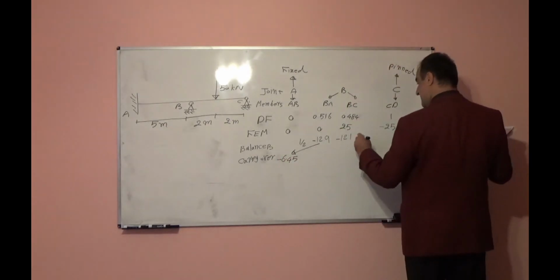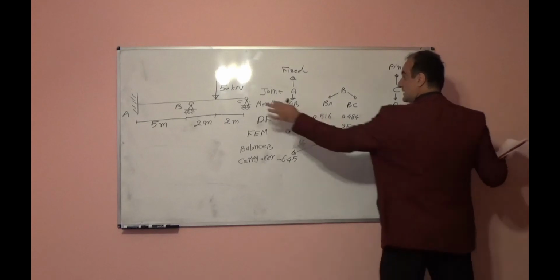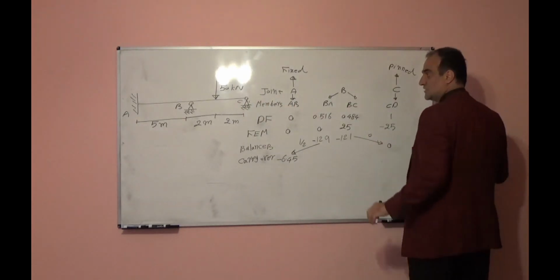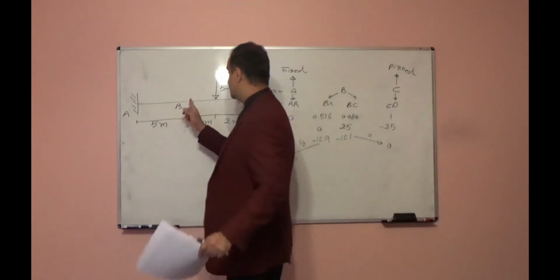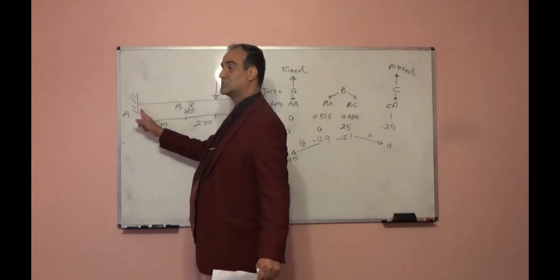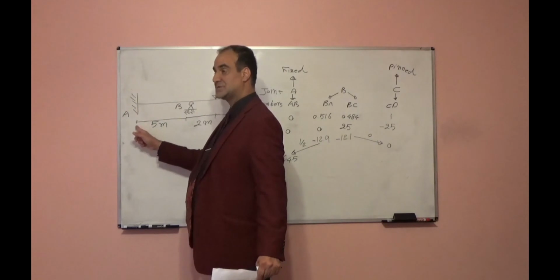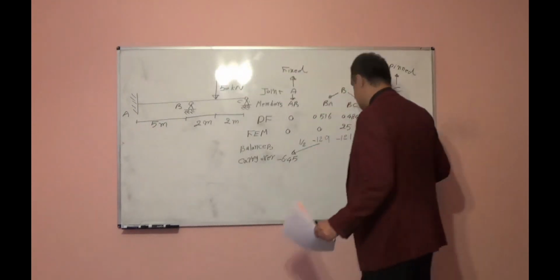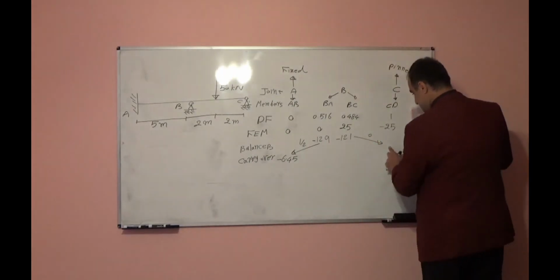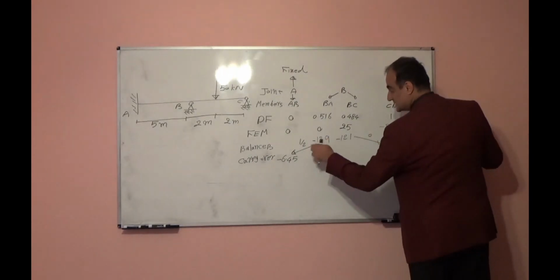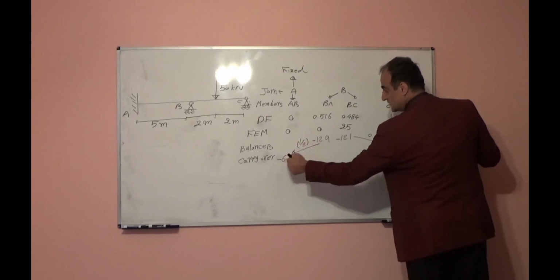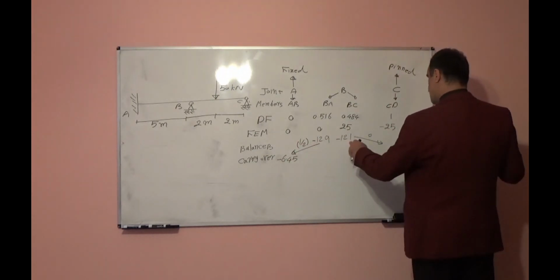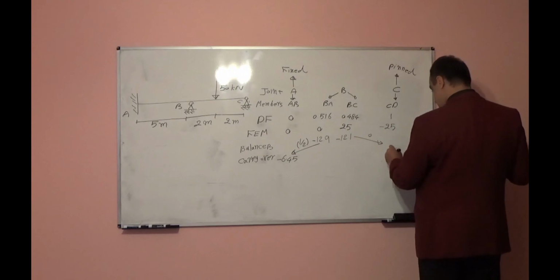This times carryover factor, because far end it is hinged, it will be 0. So carryover factor from this moment, if it goes to the fixed support, it is 1 over 2. If it goes to the pin support, it is 0. So this multiplied by 1 over 2 is negative 6.45. This moment multiplied by 0 will be 0.